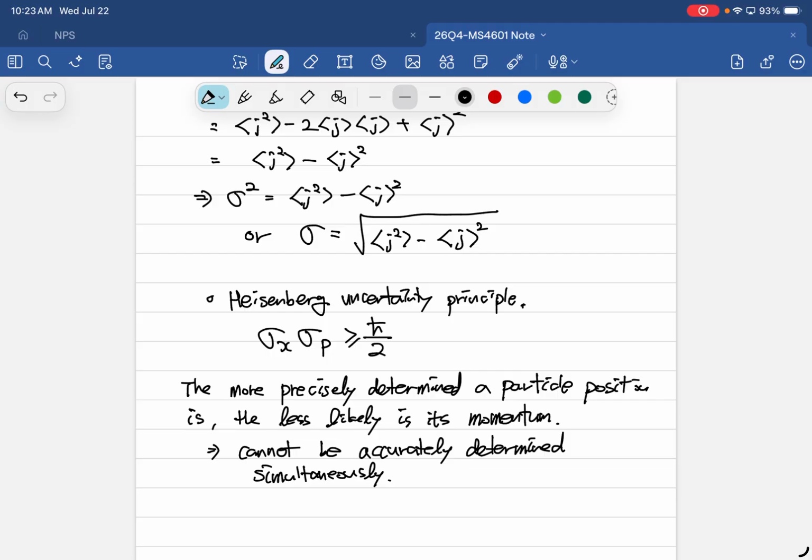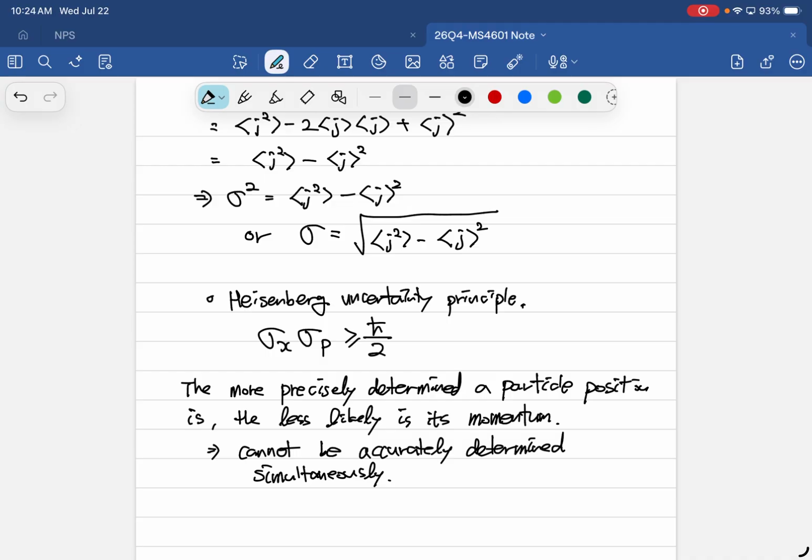a microscopic object, it turns out that when you decrease sigma x, what does it mean? You get more accuracy in position. When you decrease sigma x, sigma p has to go up, right? Think about this as equal, forget about the larger case. If this is equal, when you decrease sigma x, what happens to sigma p? It has to go up, right?